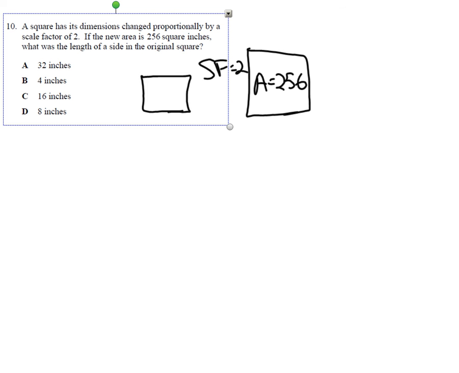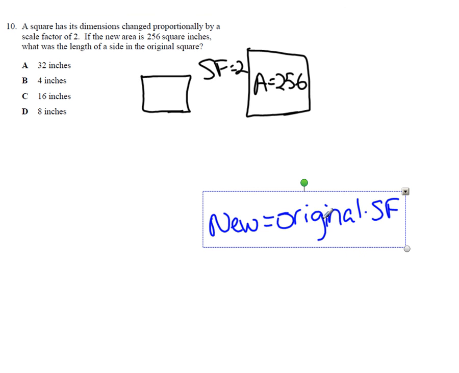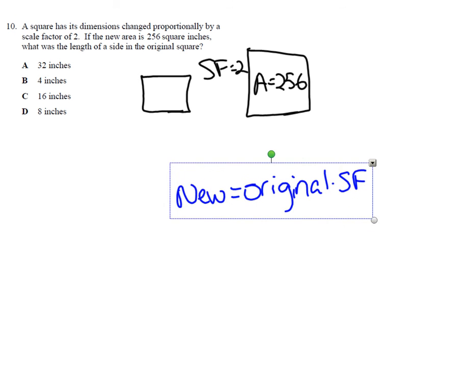Okay? So, two things we could do. You could find the length of each side here. You could think what times itself equals 256, which you should know after the warm-up today, but let's assume you don't. The other way you could do this is we could actually work backwards and find the original area. By dividing?